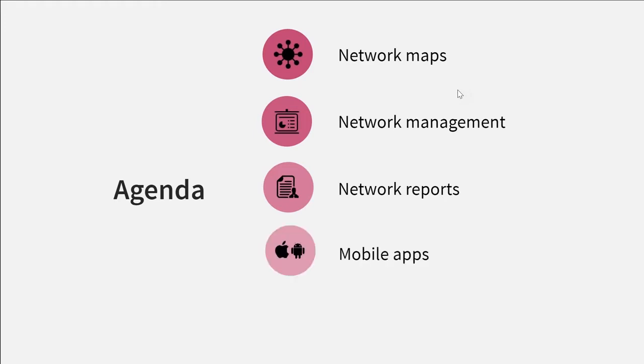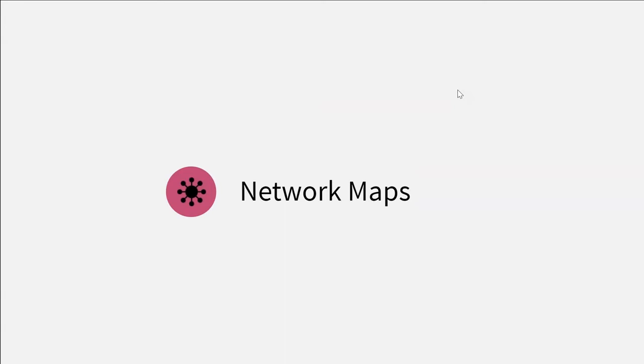And we are going to discuss some of the network reports. OpManager also offers mobile apps for both Android and Apple. And we're going to discuss some of the top best practices for OpManager.